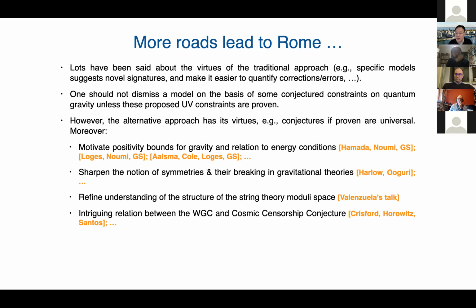And if one were to play devil's advocate, which I won't, one can ask whether these signatures are truly stringy. But I would not go as far as to dismiss the model based on some conjectured properties of quantum gravity. I think we should not dismiss the model on the basis of some conjectured constraint on quantum gravity unless we are sure about these constraints.